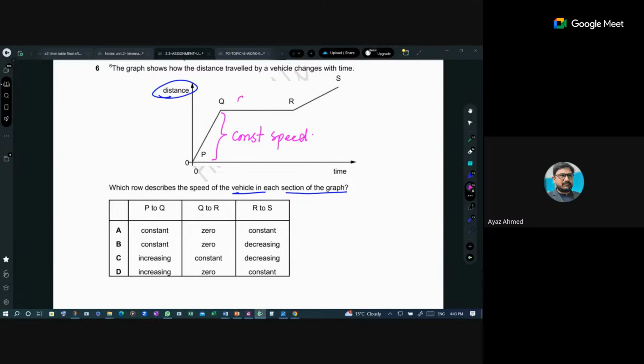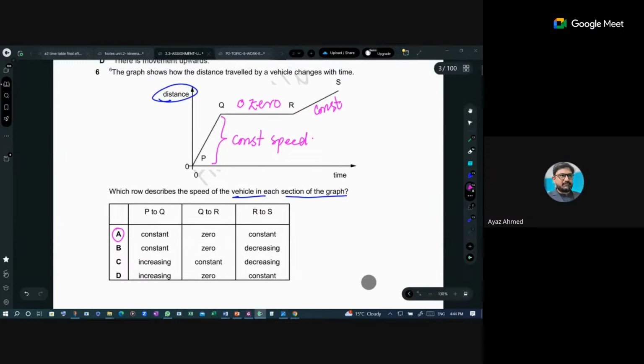Here, speed is zero because gradient is zero. Here again, speed is constant because gradient is constant. So constant, zero, constant means option A. Hassan, is it clear?